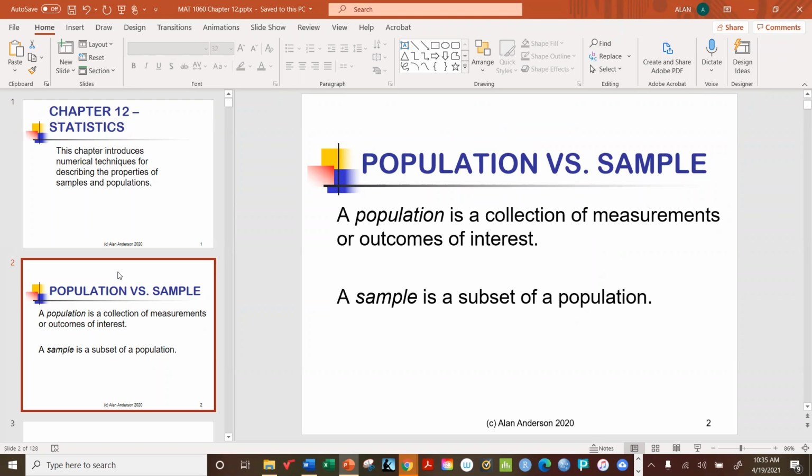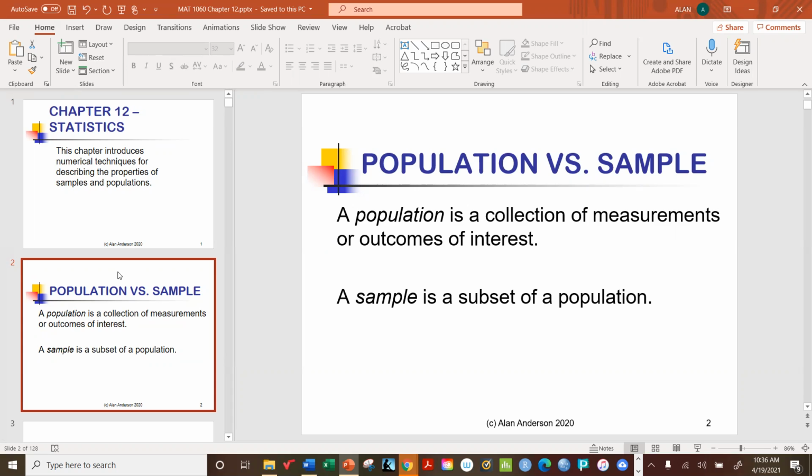So just as a quick review, a population is a collection of measurements or outcomes of interest. Now, of course, normally we think of the word population as being a collection of people, but here we're really more interested in characteristics of those people, like, for example, their ages or their incomes, or how far they drive to work every day, numbers like that.